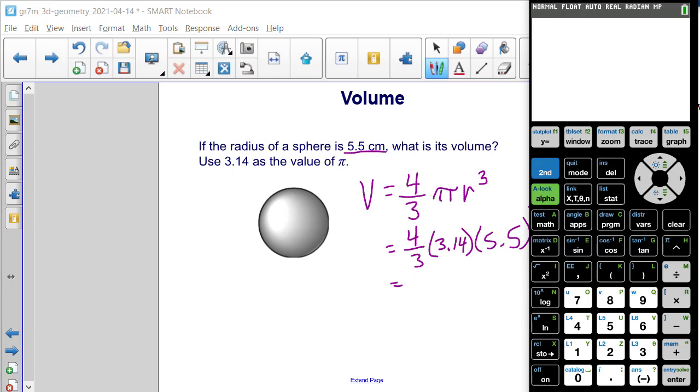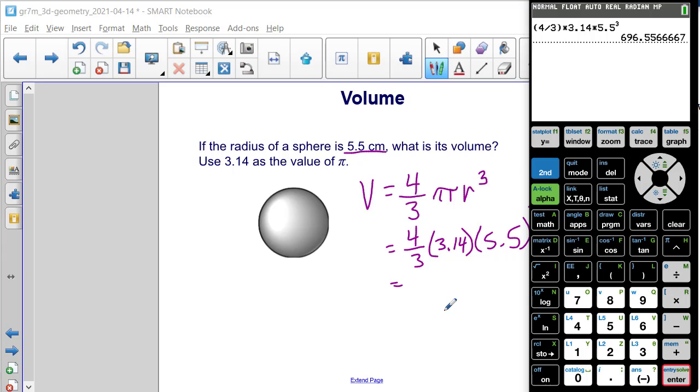Now let's substitute them in and figure out what that is. So we have 4/3 times 3.14 times 5.5 cubed.